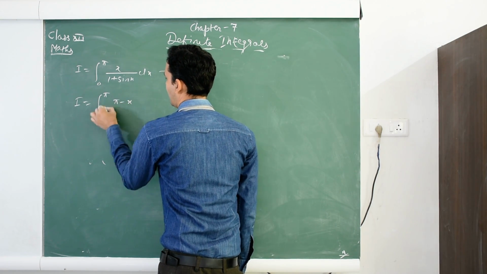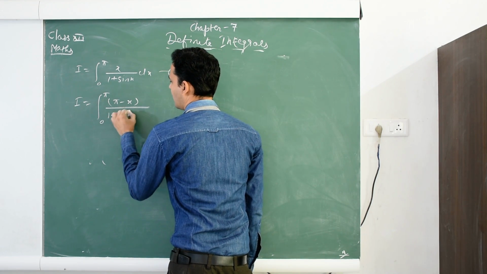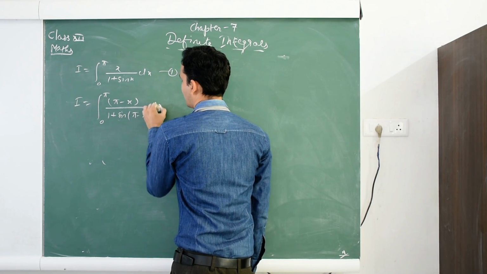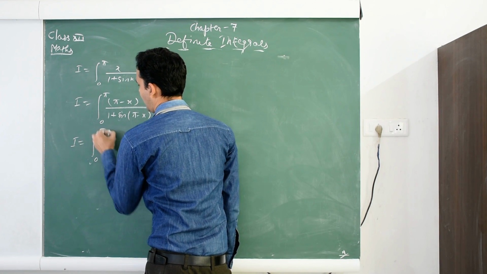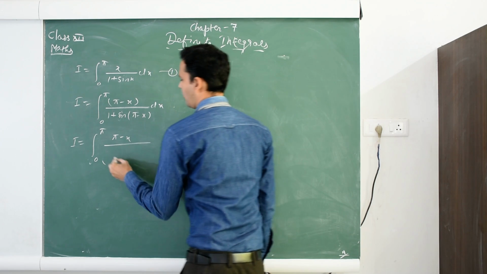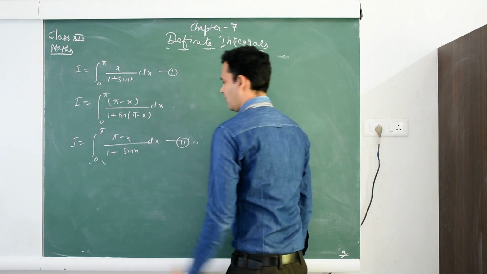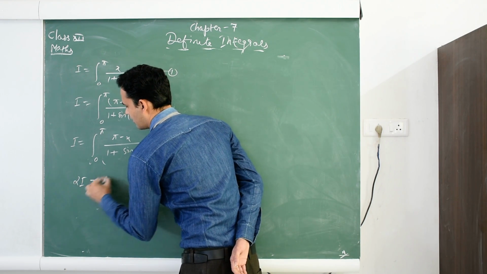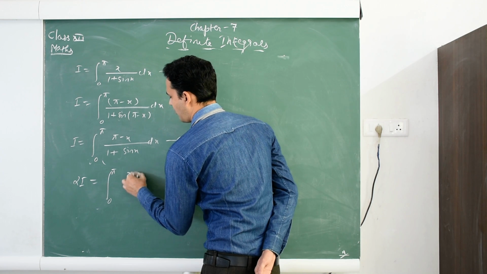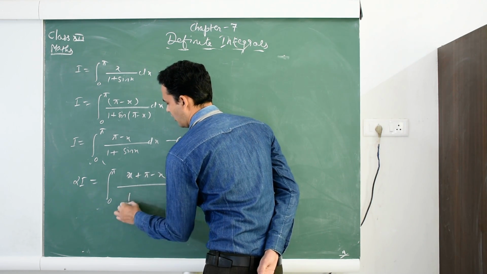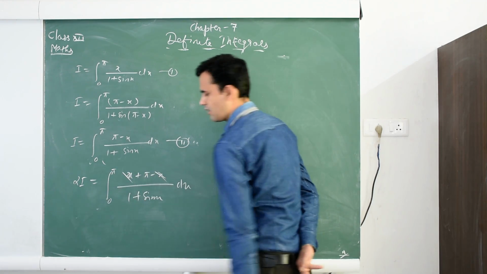So, we use the property: in place of x, write a minus x, giving pi minus x upon 1 plus sin (pi minus x) dx. So, 0 to pi of (pi minus x) upon 1 plus sin x. Add first and second. So, we get the integral from 0 to pi of (x plus pi minus x) upon 1 plus sin x dx. This x cancels with x.